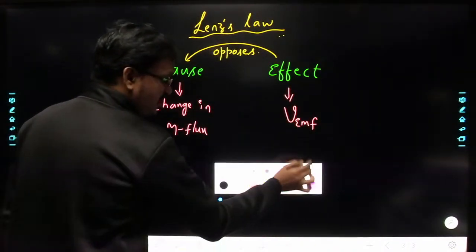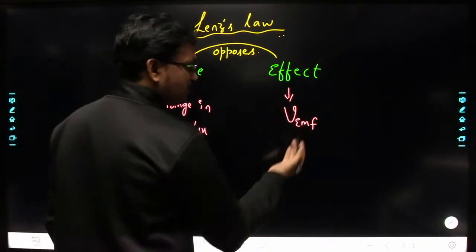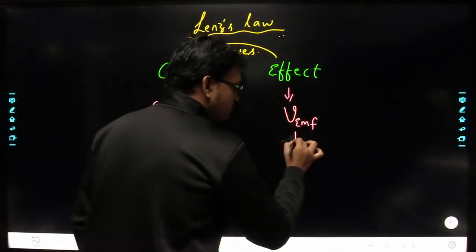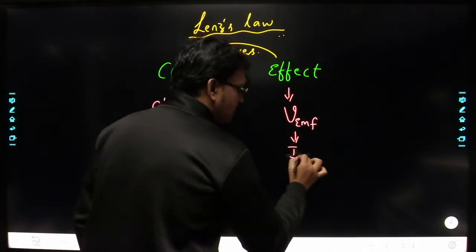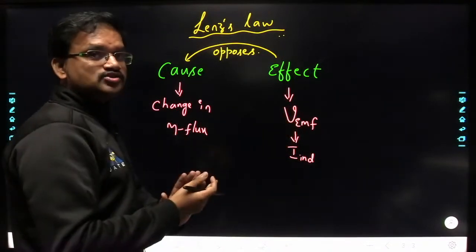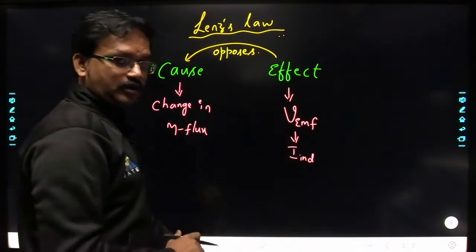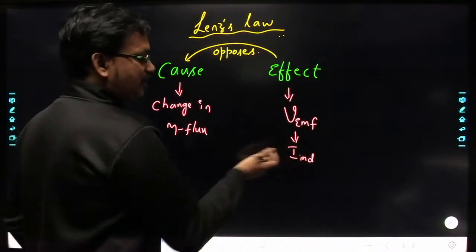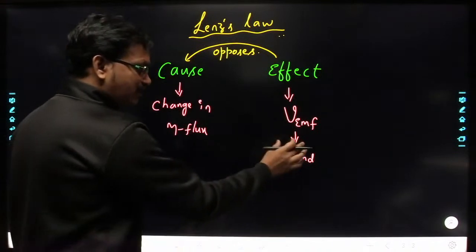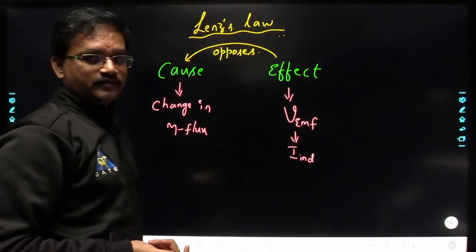This electromotive force drives the charge carriers within the loop, resulting in an induced current. Whenever there is a current, it is going to produce a magnetic field. Yes or no here?